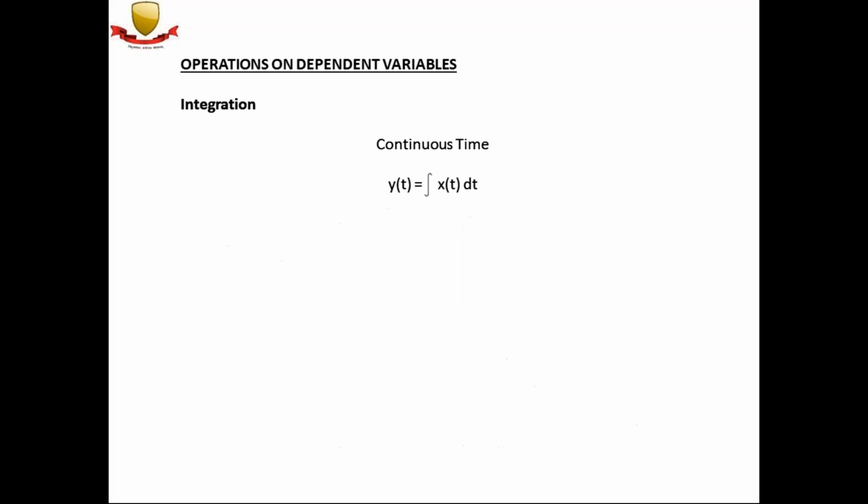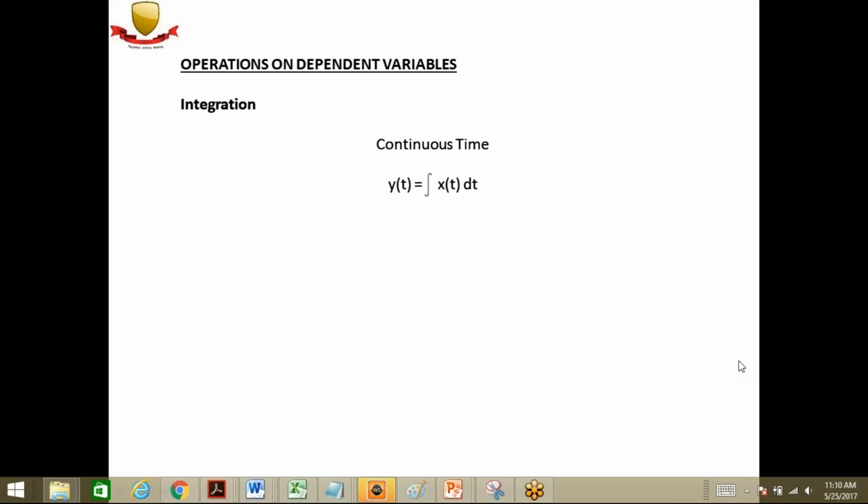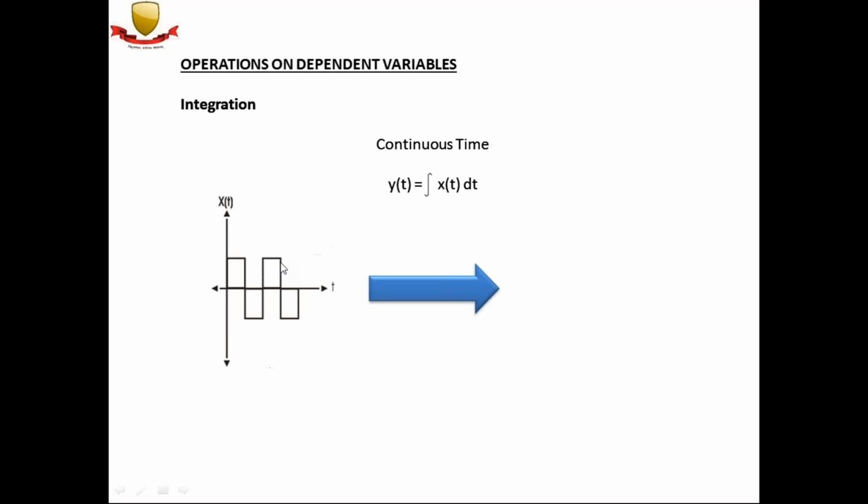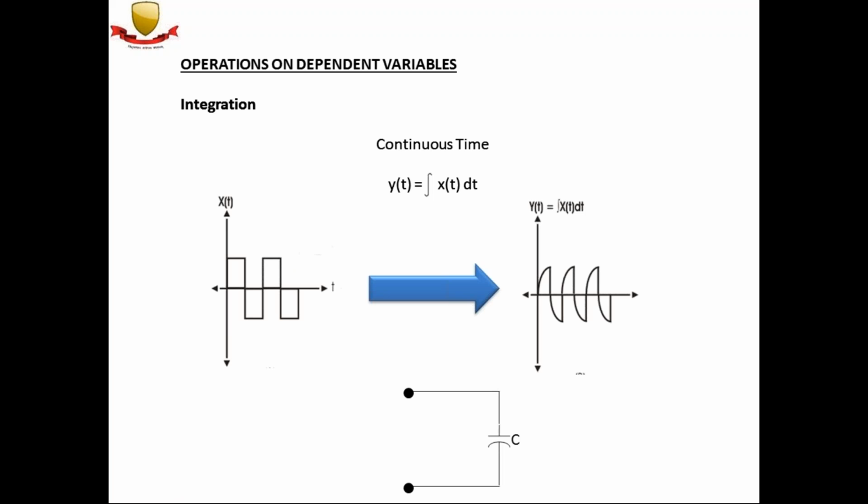Now let's move further. It's something about integration. Now about this integration, let's say this is our raw signal or the source signal. Once we go for the integration, you can find this kind of output, right? Again, the most popular source of this integration is a capacitor that you can find in almost all kinds of books, right?